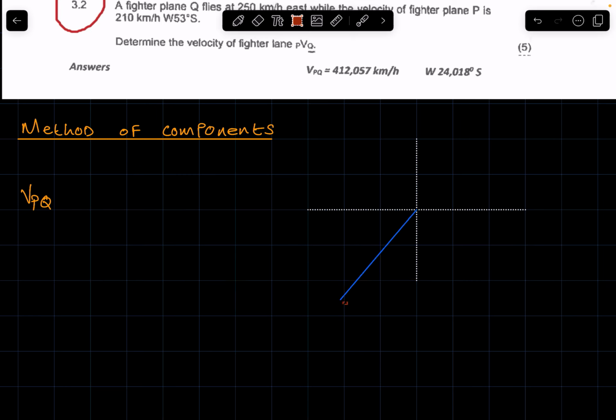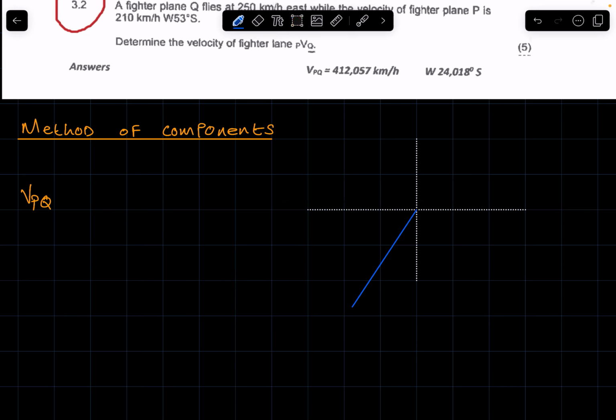So 53 degrees, say, is something that's approximately there. With using the method of components, you don't necessarily have to be accurate, because we won't be using the parallelogram, or we won't be using the vector diagram in determining in which direction the resulting velocity is going to be headed.